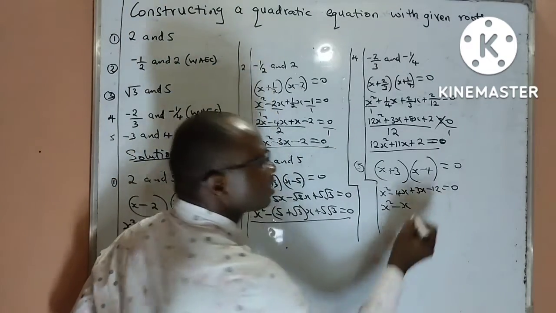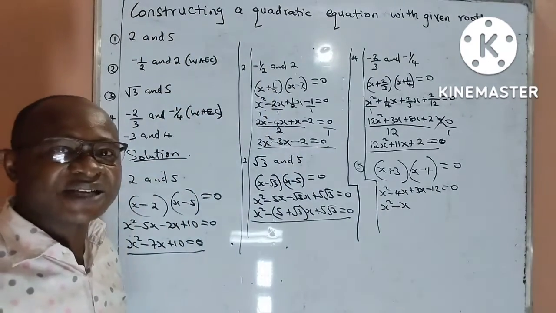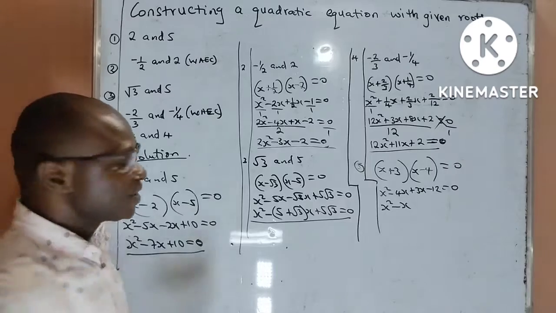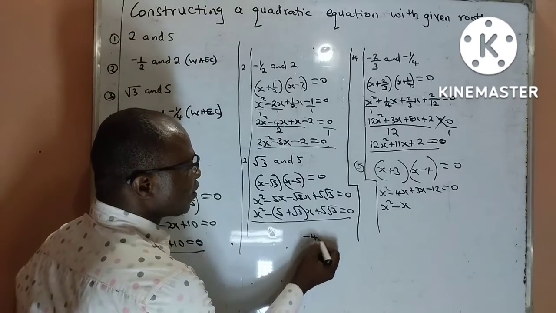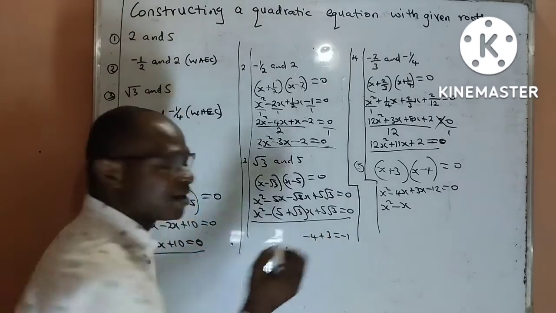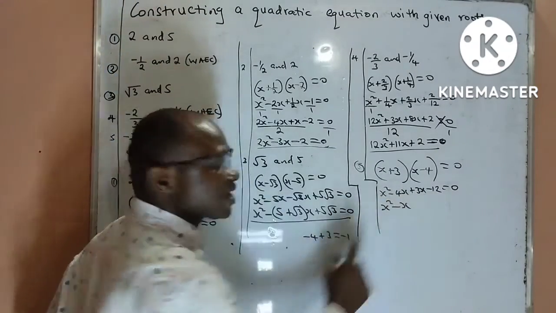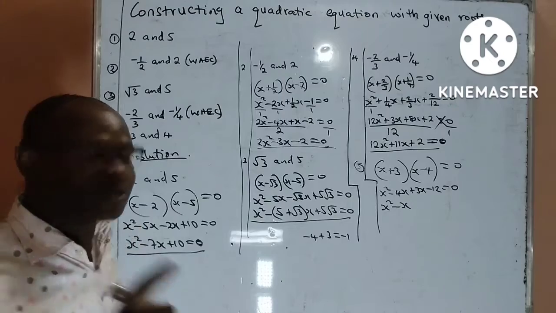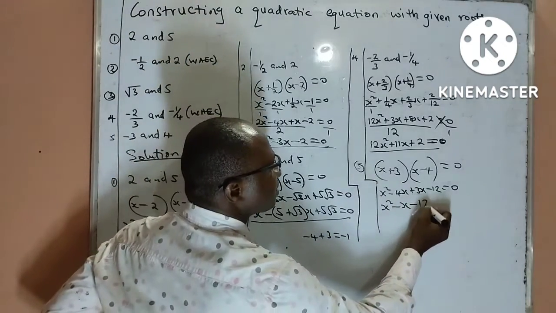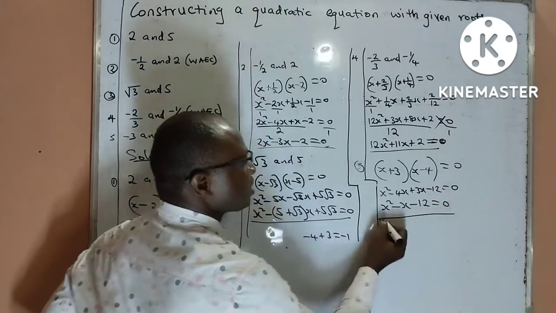We don't write 1x. We cannot write minus 1x. That is minus 4 plus 3 is equal to minus 1. Therefore, minus 4x plus 3x will give us minus x. We now put down minus 12, everything equal to 0.